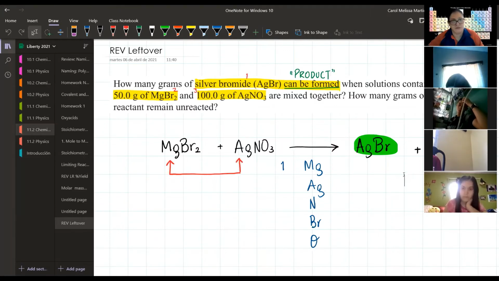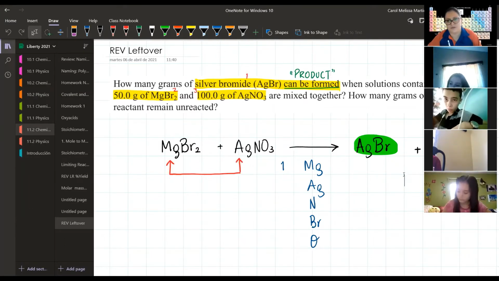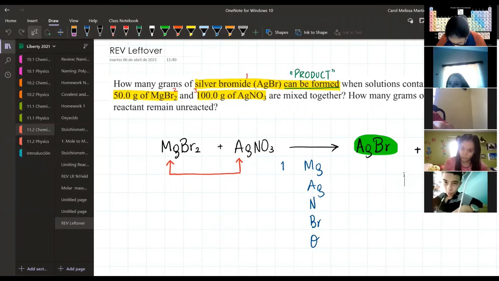But you do have to switch the position of magnesium's charge. So it comes from magnesium and now it's going to be part of that. In other words, this compound is going to be made of MgNO3 and the 2 that is coming from magnesium.